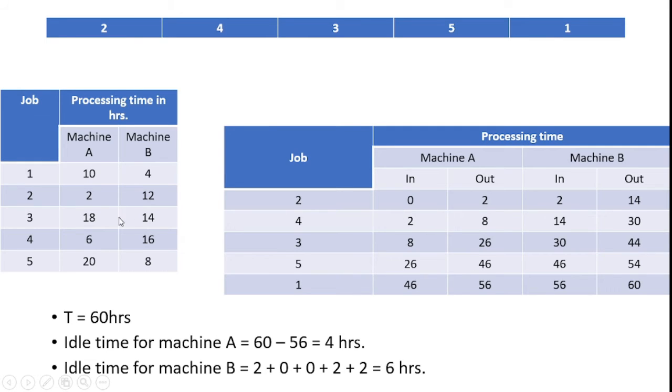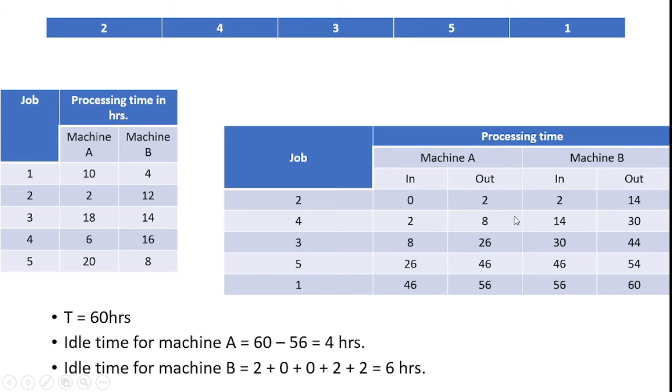The processing time of job 4 is 6 hours, so 2 plus 6 is equal to 8. After 8 hours I can load job 4 into machine B. But to load it into machine B, I compare the 8 value with the 14 value. If I compare both, machine B is running up to 14 hours.